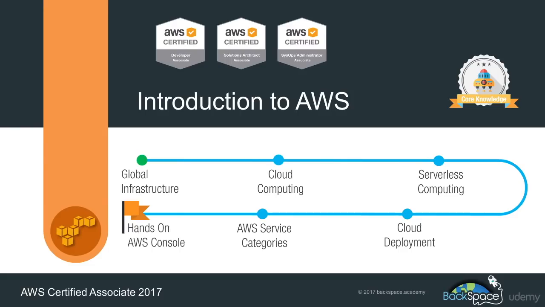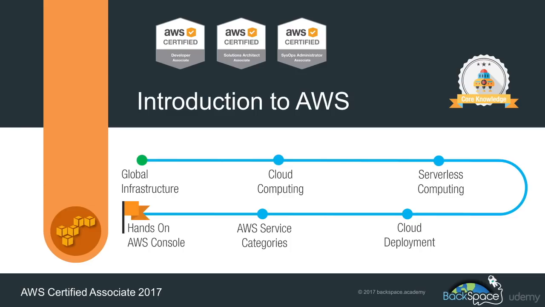If you've just joined us, you've just made the very first step in an exciting and rewarding career in Amazon Web Services. So we're going to start off with having a look at this massive AWS global infrastructure, and then we'll discuss what actually is cloud computing and what are the cloud computing models that are available for us to use. And then we'll go on to discussing serverless computing, being able to deploy compute capacity without having to worry about having servers in the background doing that for us.